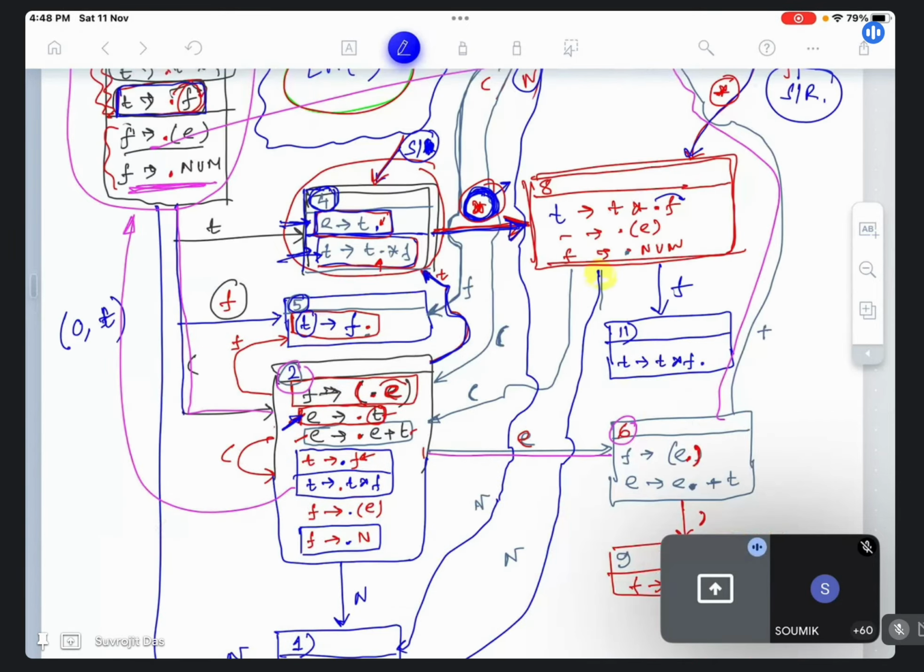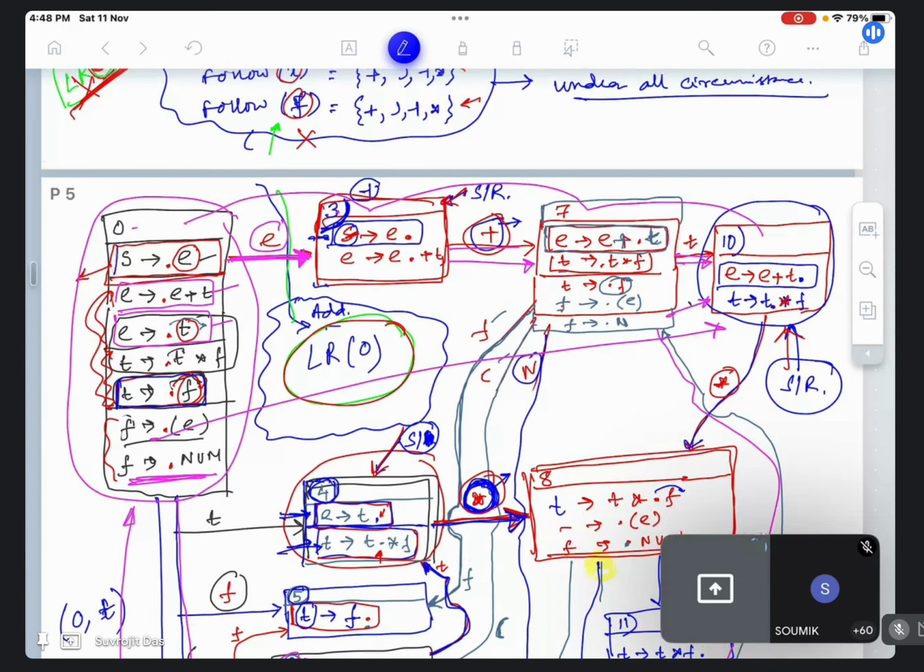Now, if you go through this construction, this was our LR0 kernel item. And from this item, we built out all these items. And having information of all these items, we build out all the other states. So this was the kernel item that we started with. S goes to dot E, and we put a dot to indicate that we have not yet started any processing.